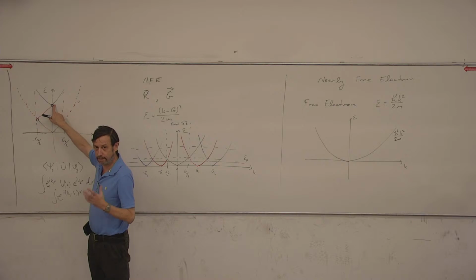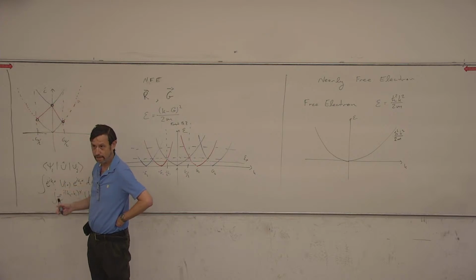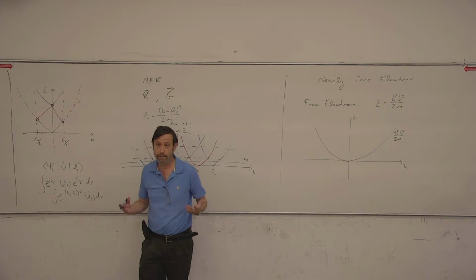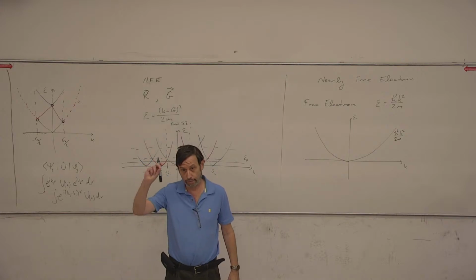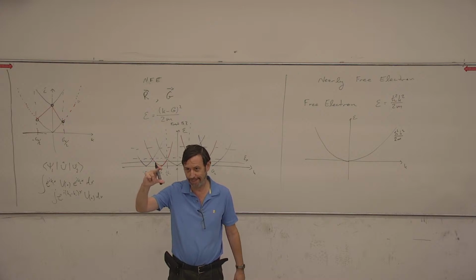So something catastrophically or a big change will happen only on these points. Okay? And what happens in a degeneracy? Two or more values that were the same split, or at least potentially split.